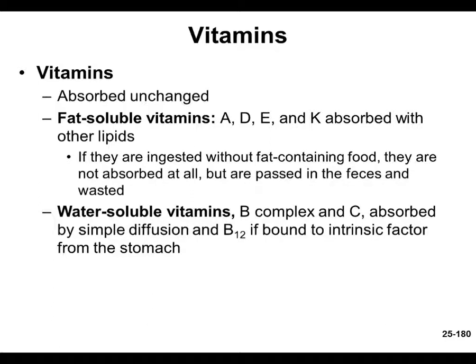Vitamins are also absorbed directly. The fat-soluble vitamins, A, D, E, and K, are going to be absorbed with other lipids. Water-soluble vitamins like B and C are going to be absorbed directly in by simple diffusion into your bloodstream.